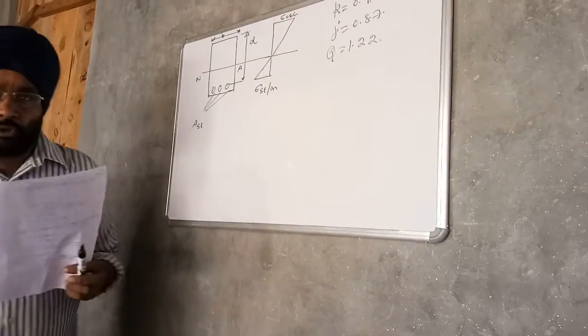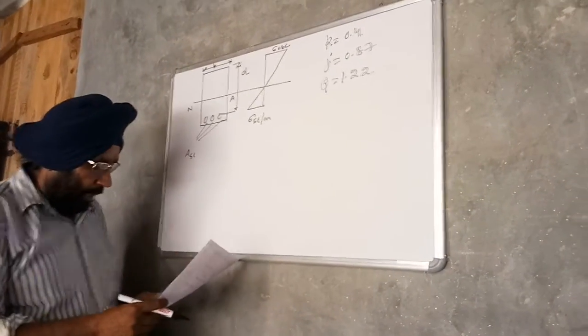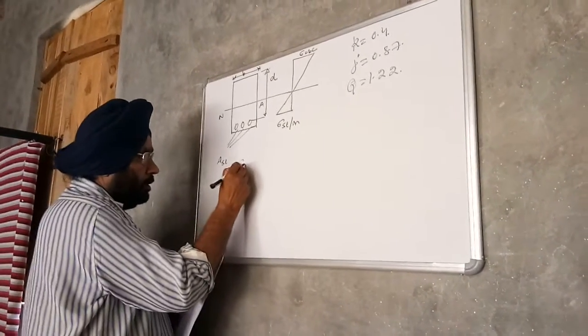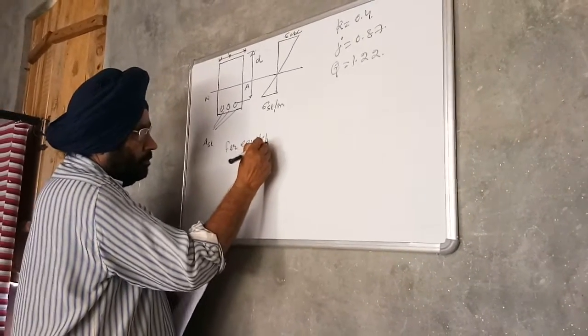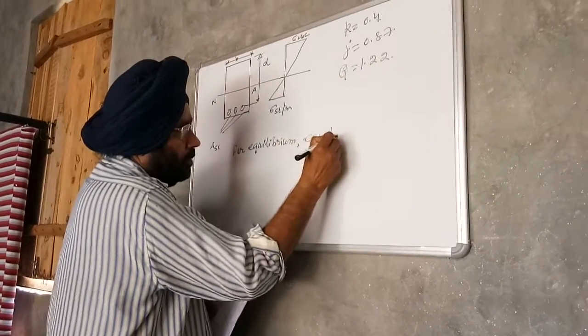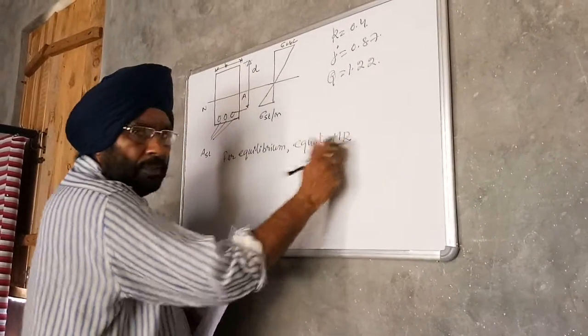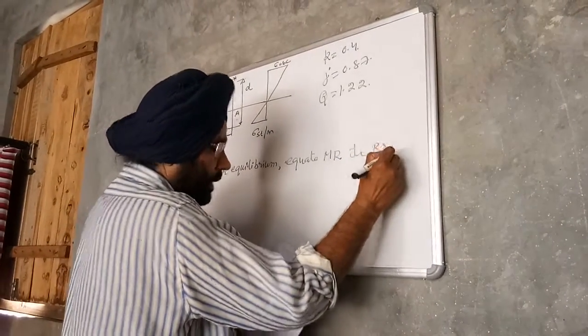So then for equilibrium, the moment of resistance of the section is equal to the bending moment. MR means moment of resistance to bending moment.